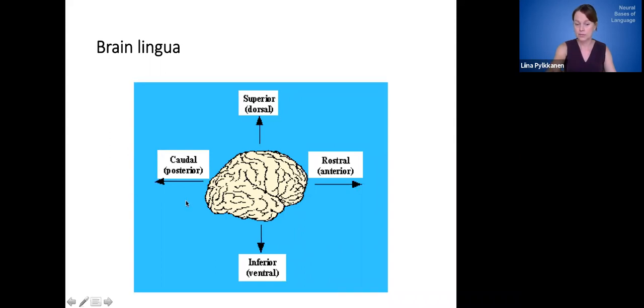The opposite of that is posterior or caudal. Again, that's the term linked more to the animal literature. When we're talking about bottom versus top, it's either inferior versus superior, or ventral versus dorsal. Those are, again, equivalent.